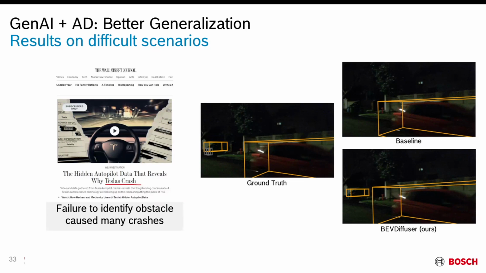You can see that there is a black car in the very corner, and the baseline models actually don't detect it. If you just drive in that location and don't detect it, it may cause an accident. Whereas with our approach, we have shown that we can detect such a situation. This is a complement to what we have shown with the quantitative metrics in terms of the rainy and the night conditions.